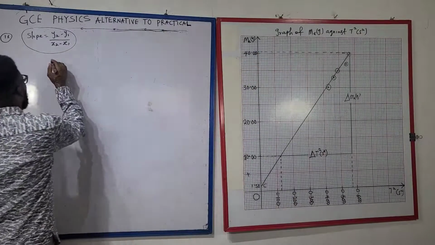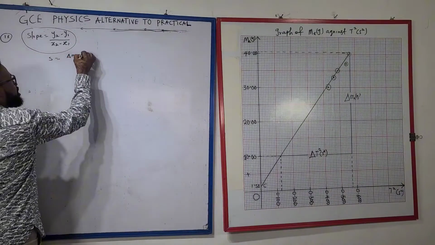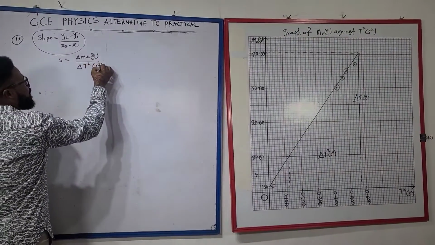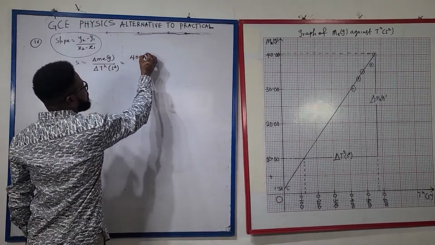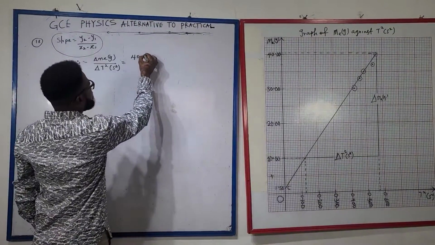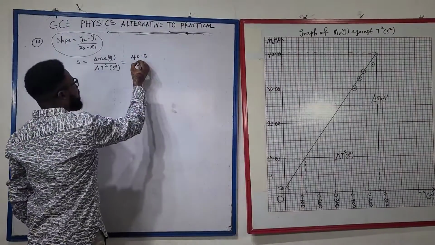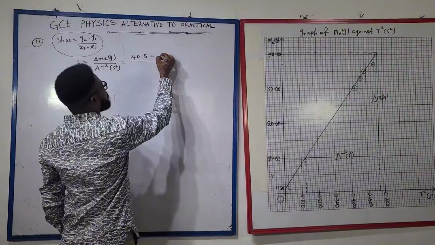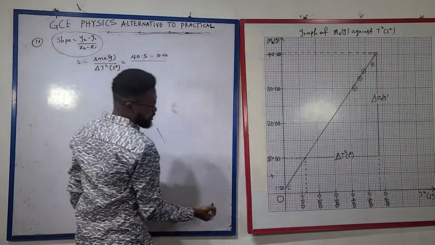So talking about my slope here, my slope should be change in ME in grams divided by change in t square in second square. And what this means is 40.5, because this is 40. From here to here is 0.5. 40.5 minus here is 10, so y1 is 10, divided by my t square.